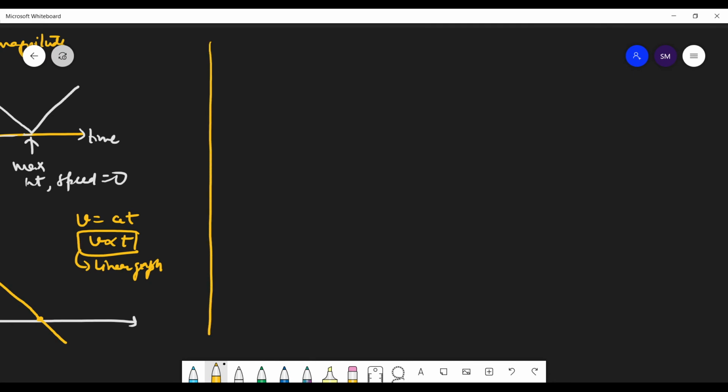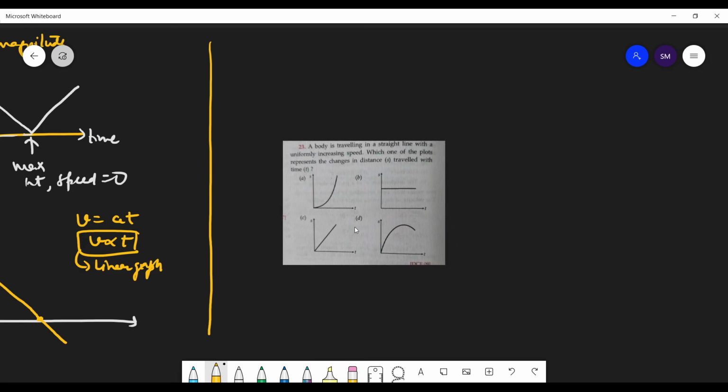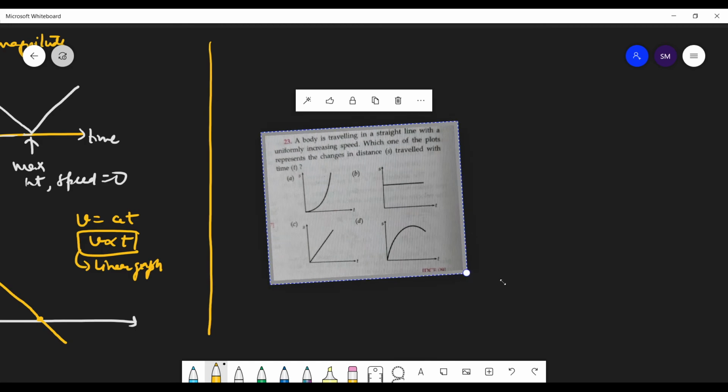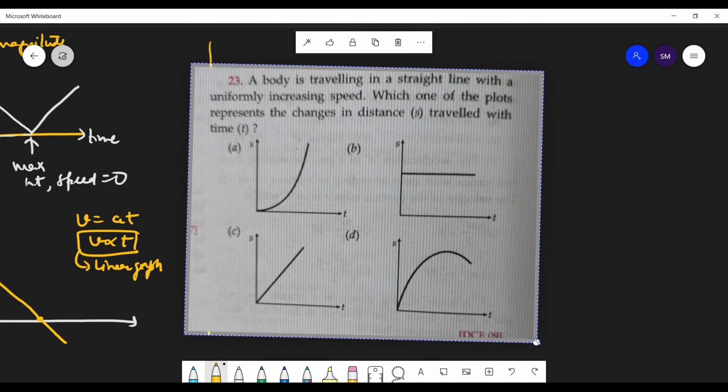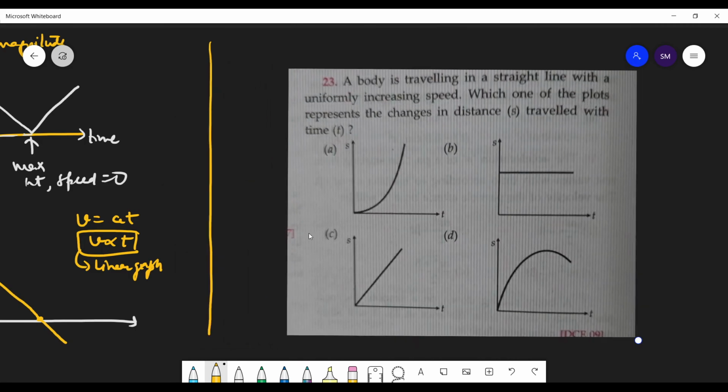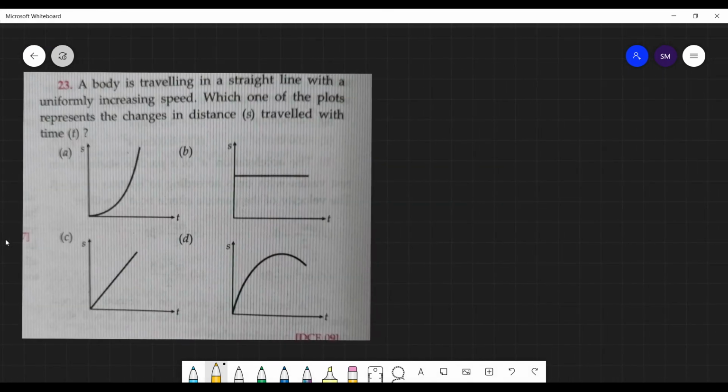Next question. A body is traveling in a straight line with uniformly increasing speed.